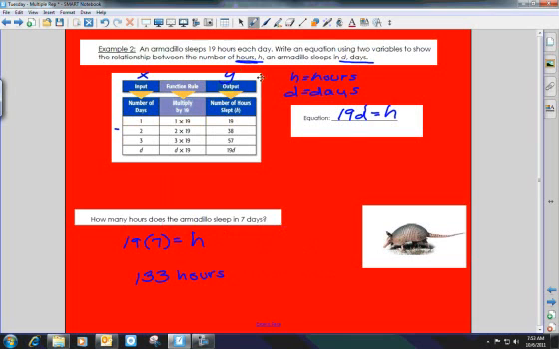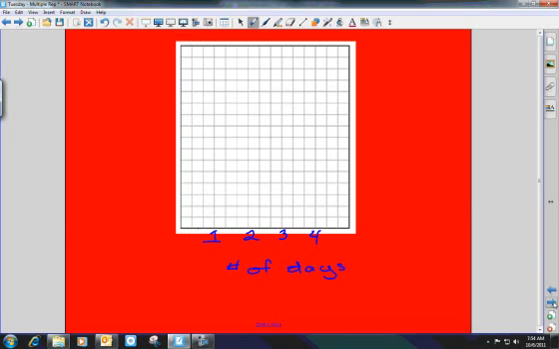Let me look at the y-axis. The y-axis is the number of hours slept, and it starts at 19 and goes to at least 57. So I'm thinking, if I count by fives, that's about 12 numbers. Let's see. If I do that, I'm just going to have to go 5, 10, 15, 20, 25, 30, 35, 40, 45, 50, 55. That's not bad. So I think I'll do that. I'll count by fives.